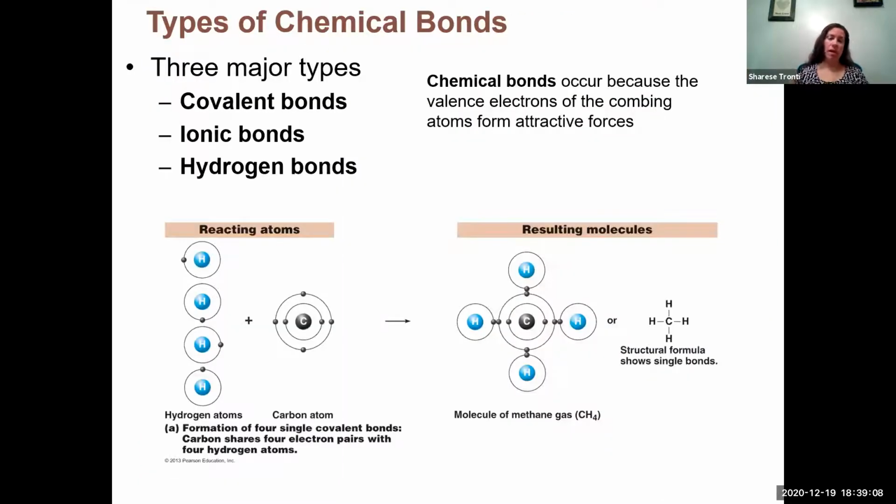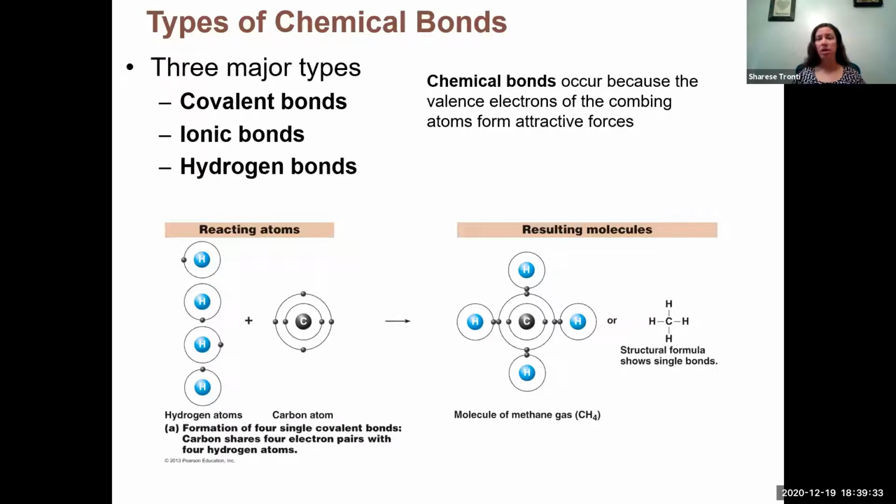All right, and so like I said, these atoms are trying to form bonds with other atoms to make their valence electron shells full. There's 3 ways they can form chemical bonds. It can be through covalent bonds, ionic bonds, and we're also going to talk about hydrogen bonds.